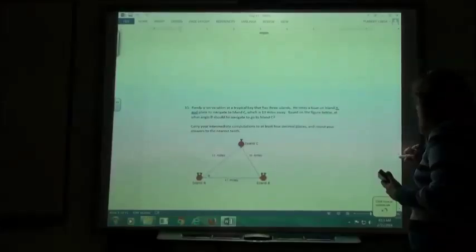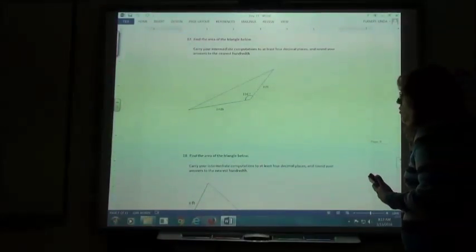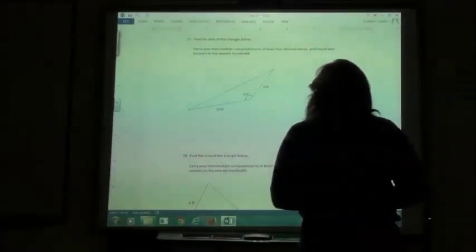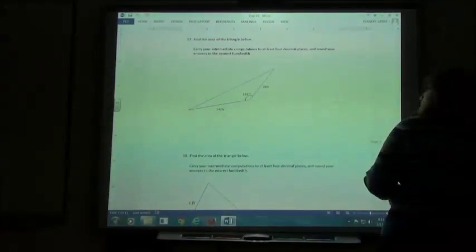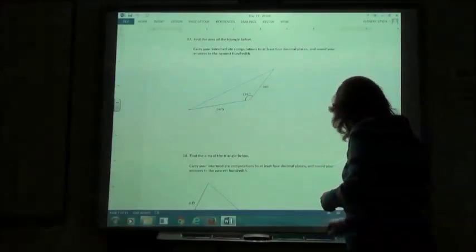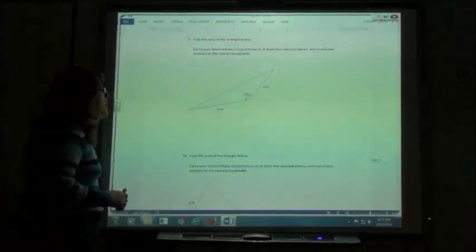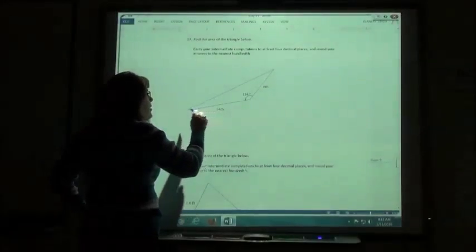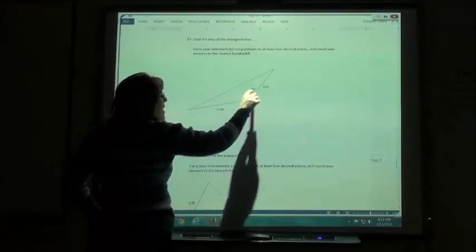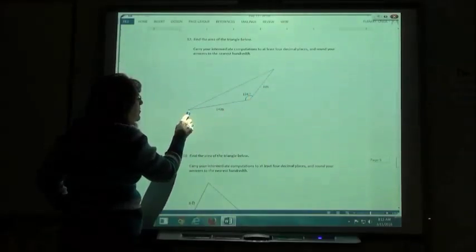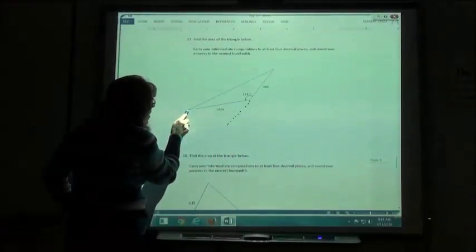If we look at 17, it says find the area of the triangle. On this one, if I want to draw my height in here, I'm not going to be able to draw it to make a right angle here. If I was going to draw it to make my right angle with my base, I would have to draw it over here.